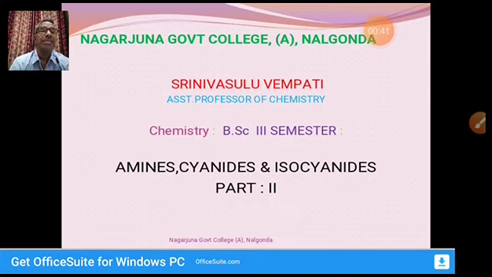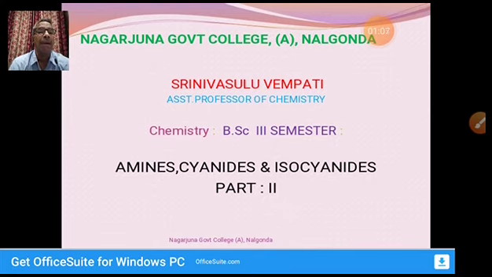In the first lesson, we discussed what amines are and how we classify them. Amines are organic compounds containing NH2 as a functional group, or organic compounds that are derivatives of ammonia.